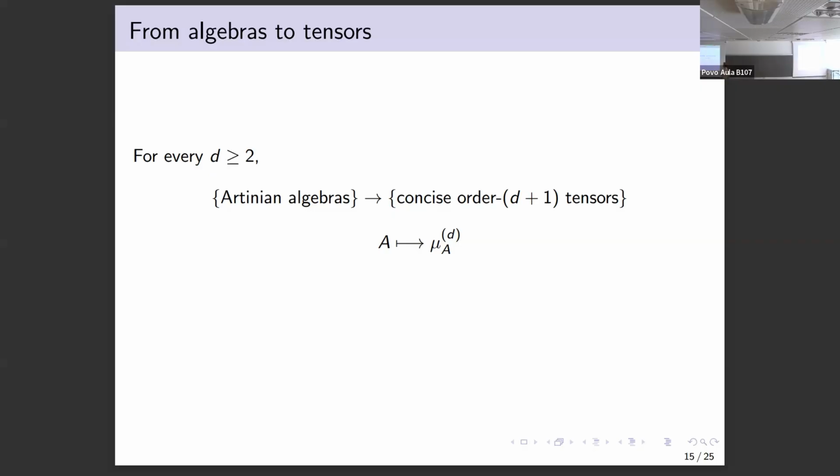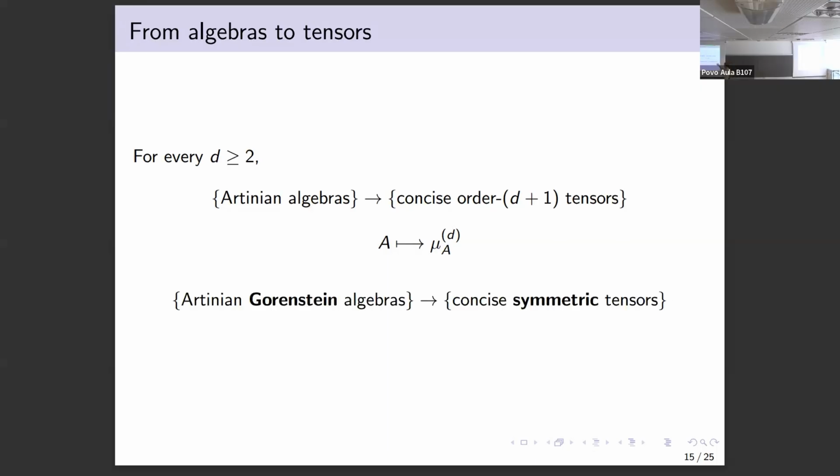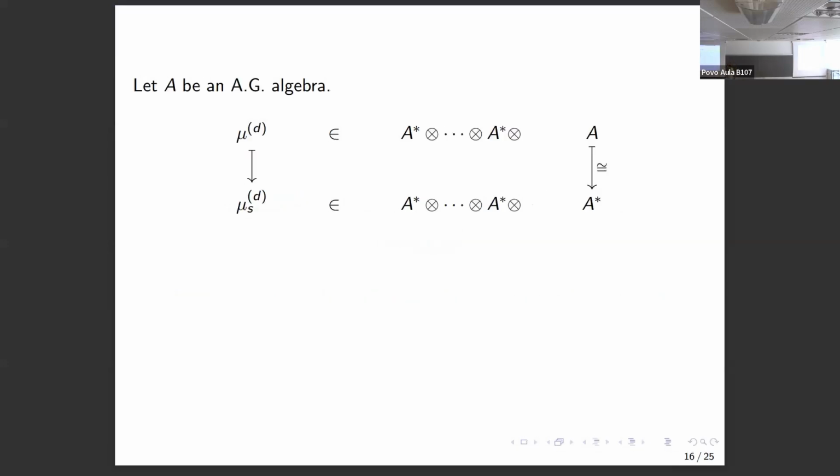For every Artinian algebra, we have a structure tensor. If we restrict to the symmetric tensors on the right-hand side, on the left side I have Artinian Gorenstein algebras. Why is this? Because remember that A is isomorphic to A star as an A-module, at least as a vector space. And so the structure tensor, which was living in D copies of A star and the last one was an A, now the last one I can identify isomorphically with A star.